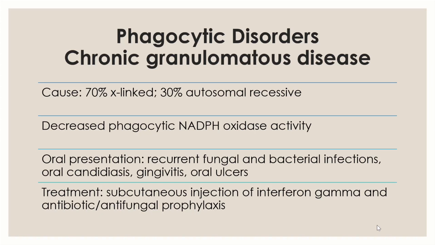So, for oral presentation, the patient will present with recurrent fungal bacterial infections, oral candidiasis, gingivitis, and also oral ulcers. So treatment is usually in the form of subcutaneous injection of interferon gamma, and also antibiotic and antifungal prophylaxis may be necessary.